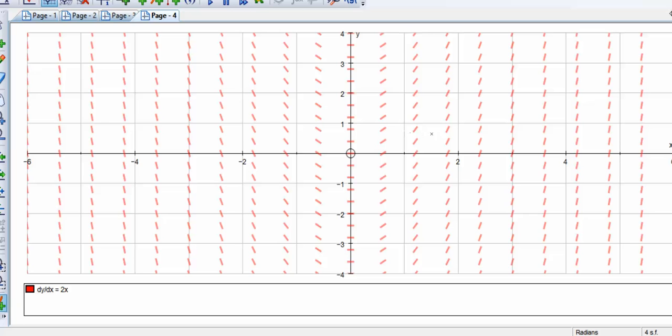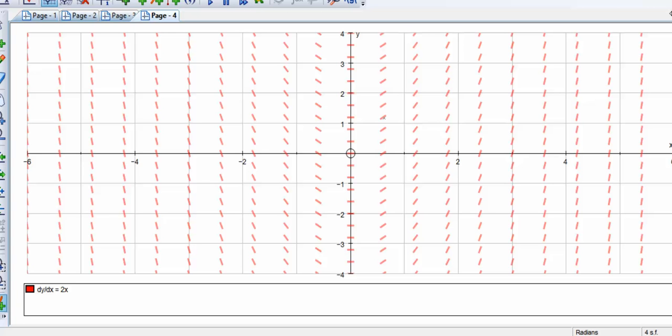So if we go along here, we're increasing x, so we can see the gradient increase. The other way, when x is negative, we have a negative slope, and the gradient is getting steeper and steeper for large negative values.